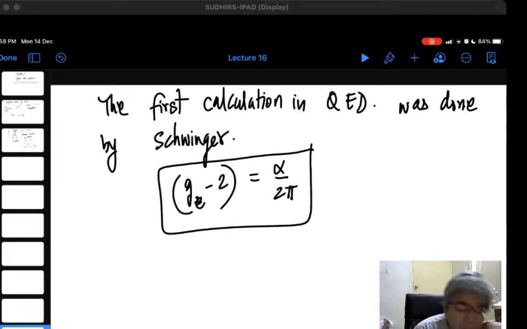In fact, this is the same even if you take a muon or any spin half particle with a charge equivalent to the charge of the electron, like electron, muon, tau. The first correction is a very simple term, alpha, where alpha is e square by 4 pi, and this correction turns out to be alpha by 2 pi.